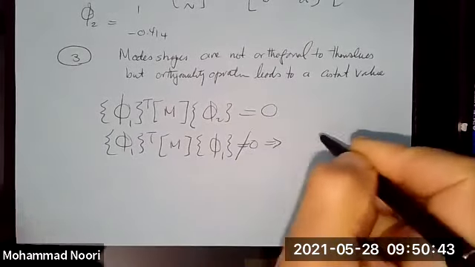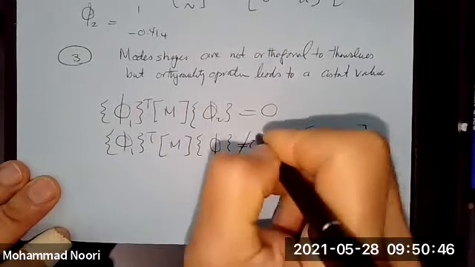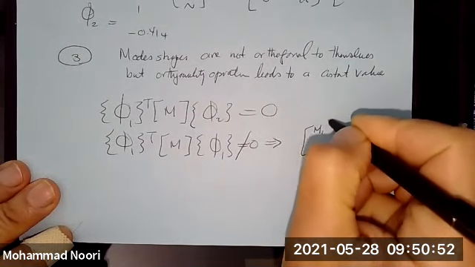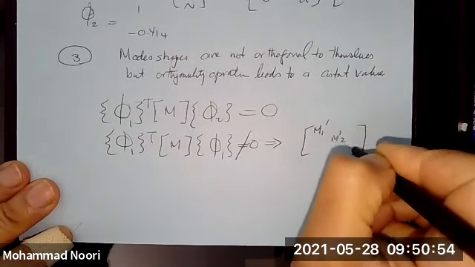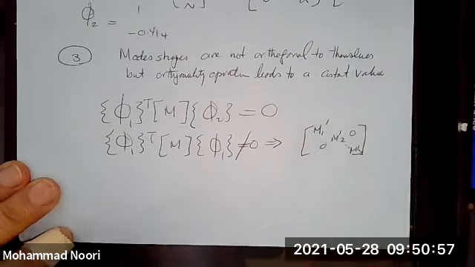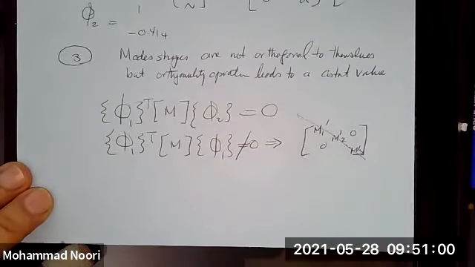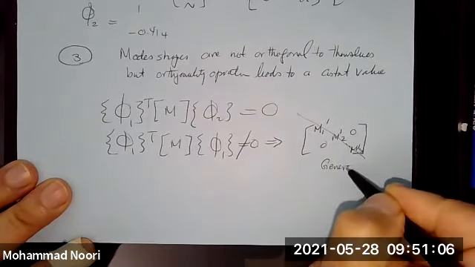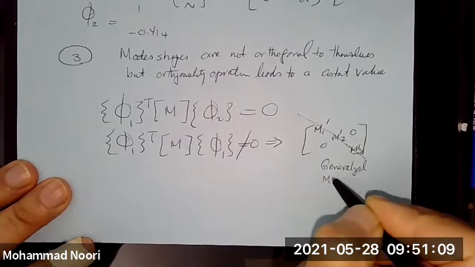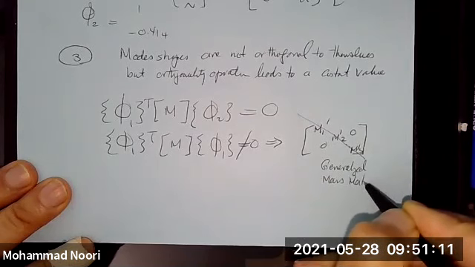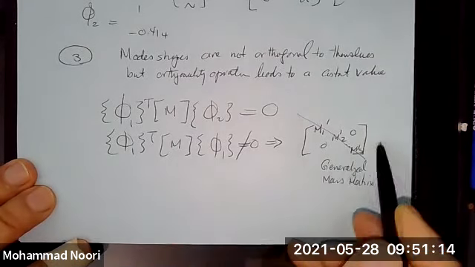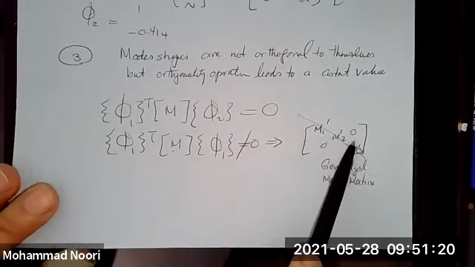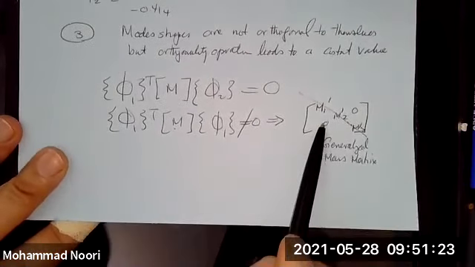In fact, this leads to another matrix, which would be something like this. It is a diagonal matrix, okay, which we call the generalized mass matrix. In other words, the matrix that results from this operation on the mass matrix is a diagonal matrix, and we call that the generalized mass matrix.